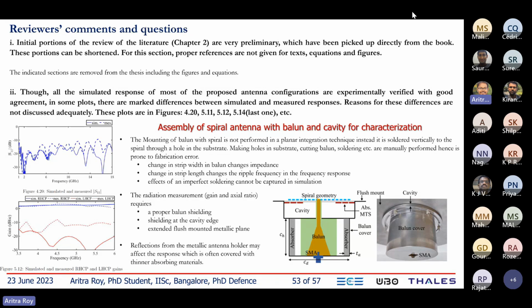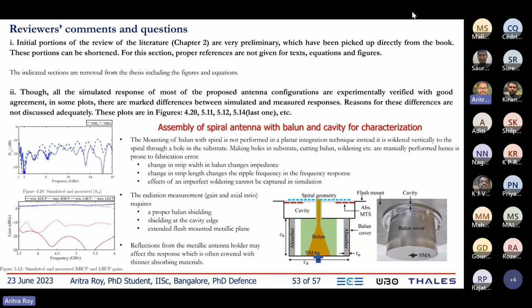Then there was a question: why do we have significant differences between the simulation and measurement in some of the experiments? First of all, we have carried out experiments with the spiral several times, and with time we have gained new experiences.